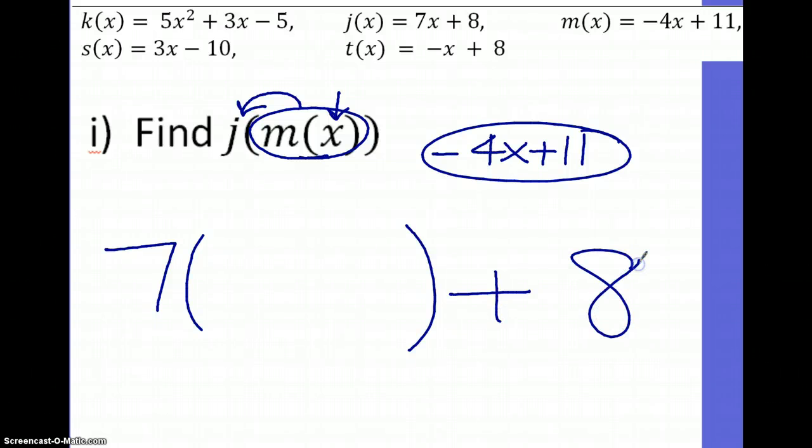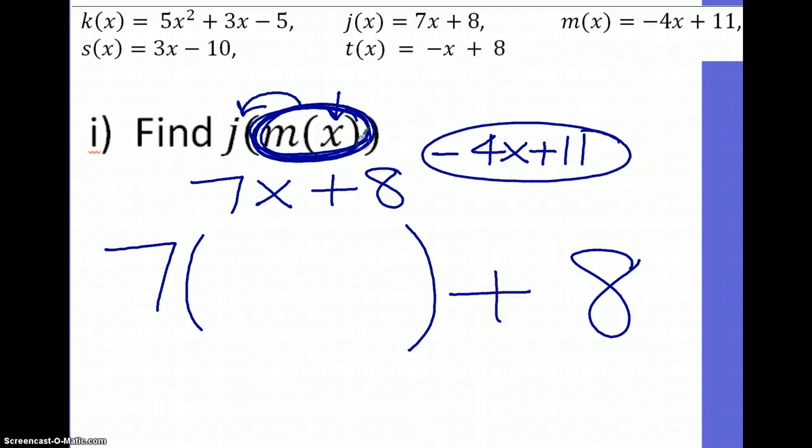So right now I've written out J because J is 7x plus 8. So I've written out J, and now into X, into that X spot, I'm going to put M of X. I'm going to put all that function in there. So it's the same as if I call it Y. Remember with substitution, remember how when we took, say, y equals 2x plus 1, and we had the function 3x plus y equals 5.